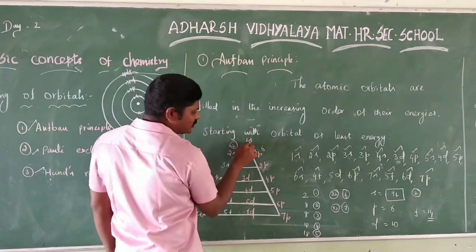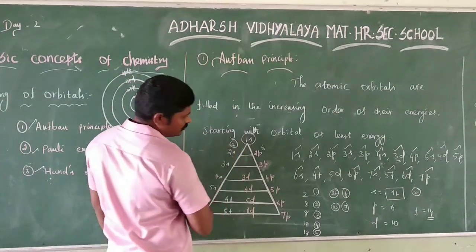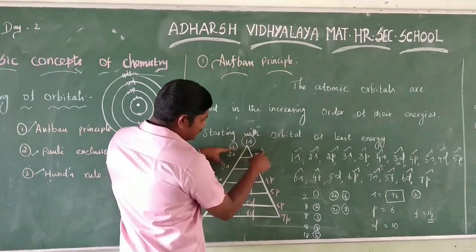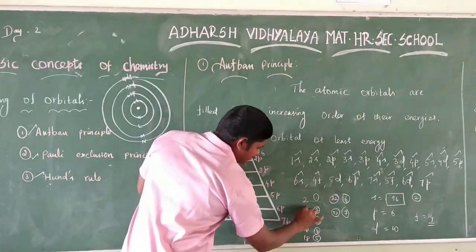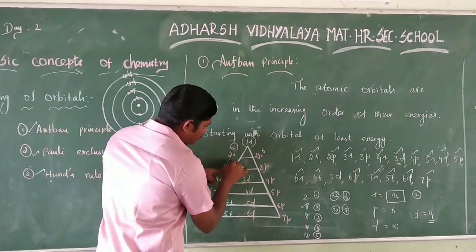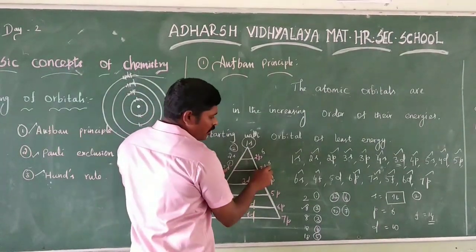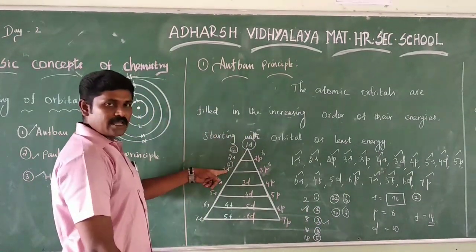So the first, least energy orbital, 1s, contains 2 electrons. The next, 2s and 2p, hold 2 plus 6, 8 electrons, so 8 elements are present in the second period. In the third period, 3s has 2 electrons and 3p has 6 electrons, a total of 8, so 8 elements are present in the third period.